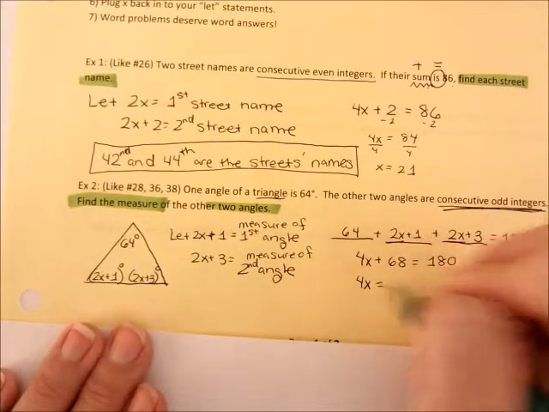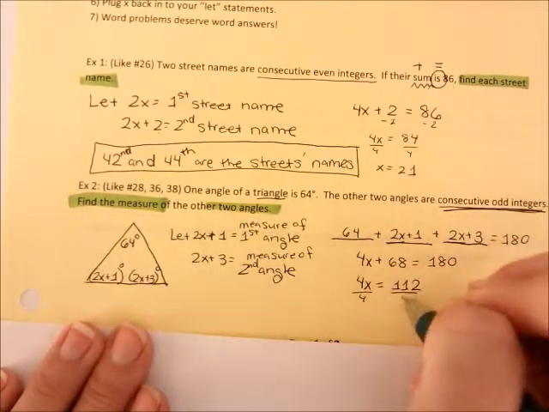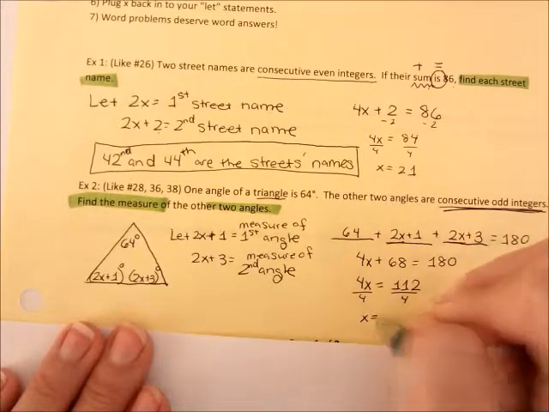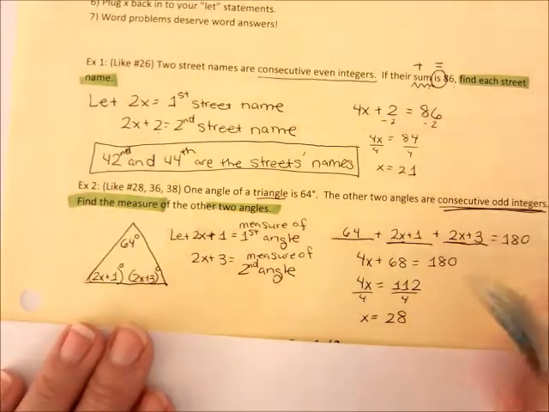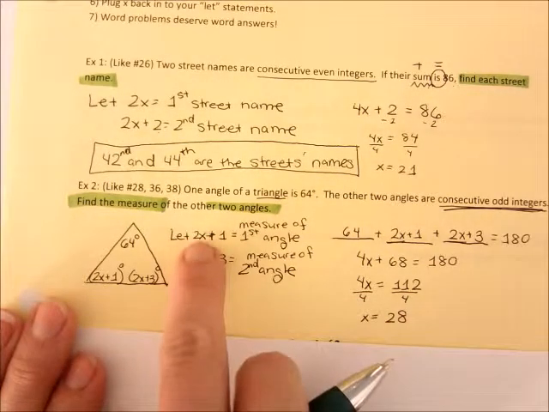4x equals 112. Divide by 4, and we're looking at 28. Now be careful again, x is not the measure of the angle, that's just x. So that is x. We're going to plug it back in to get the measure. So here we go, double of x plus 1.